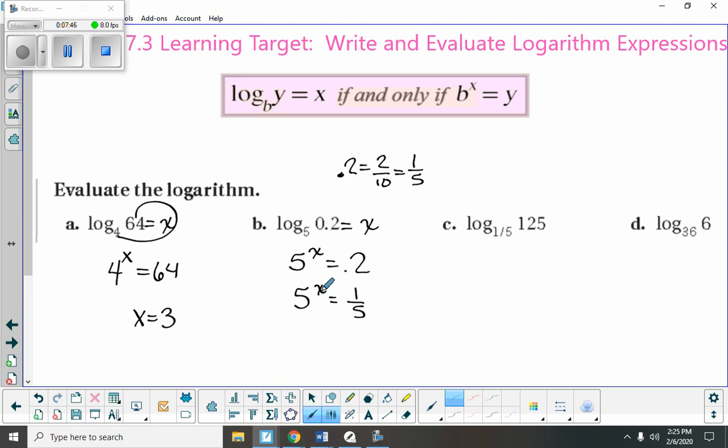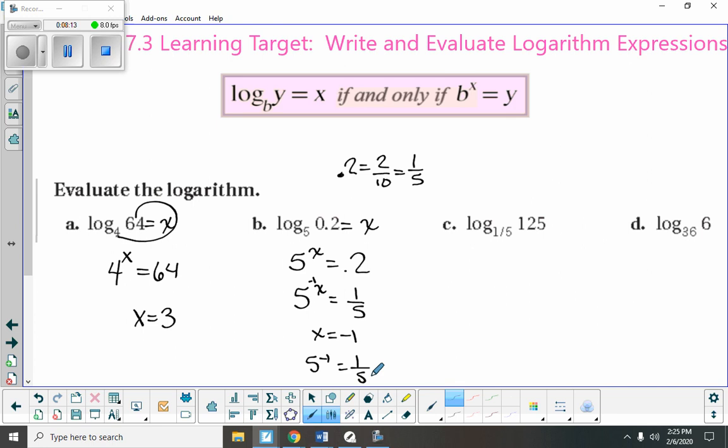So what exponent would x be in order to make 1/5? Well, if we put a -1 right here, that would be 1 over 5 to the positive 1. So x must equal -1 because 5 to the -1 equals 1 over 5 to the positive 1. The problem's giving me fits today.